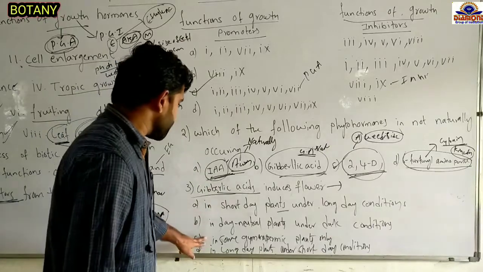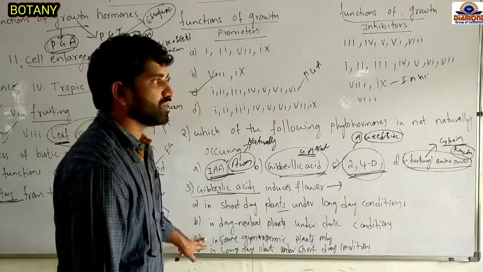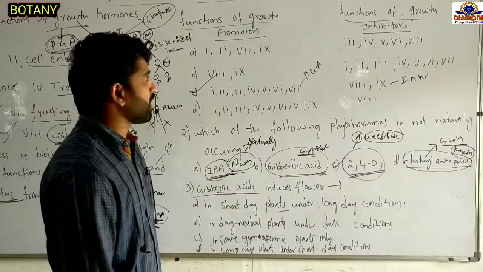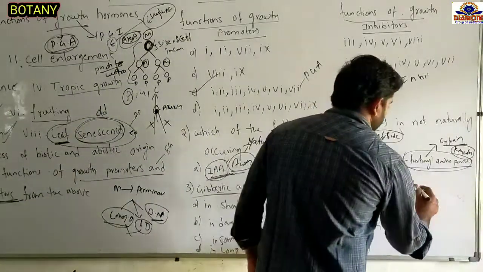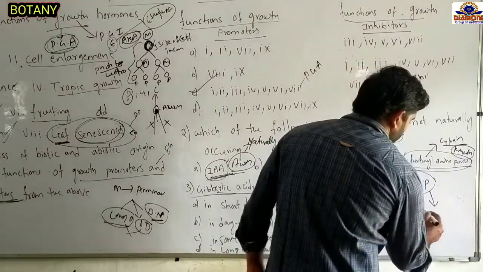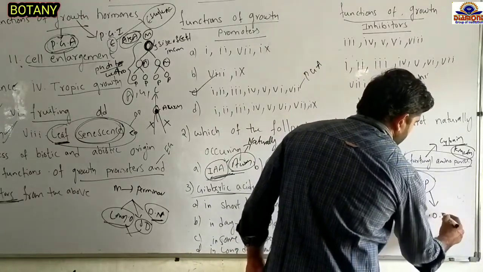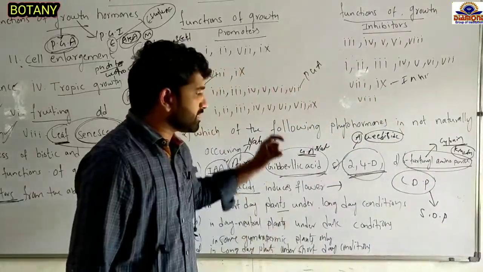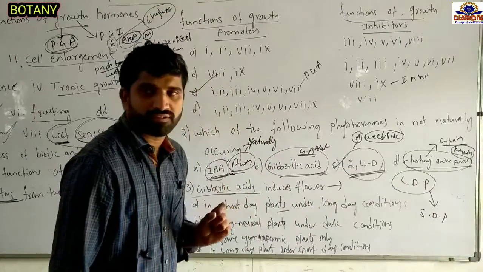And in option C, some gymnospermic plants belong to the long day plants. These long day plants can induce flowers even at a low concentration, that is, less intensity and less duration of light.